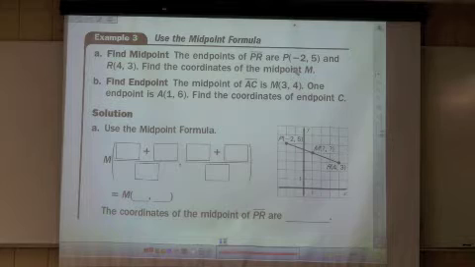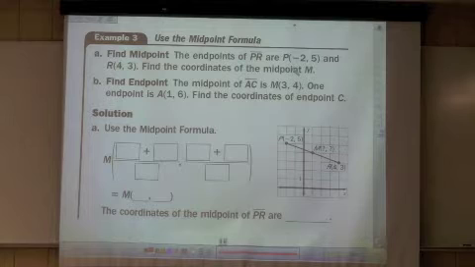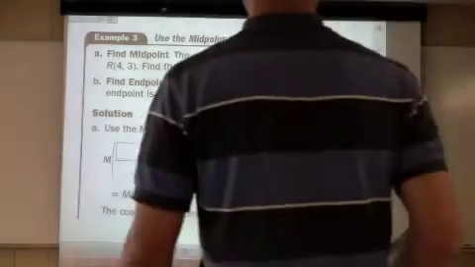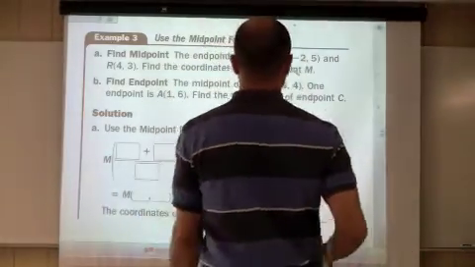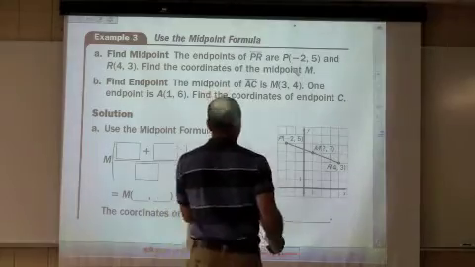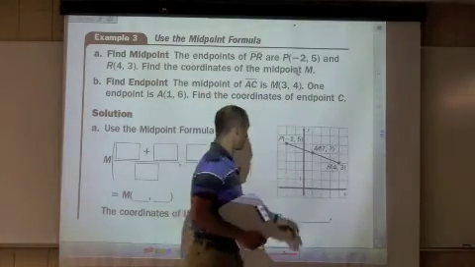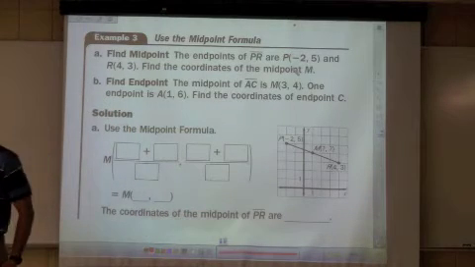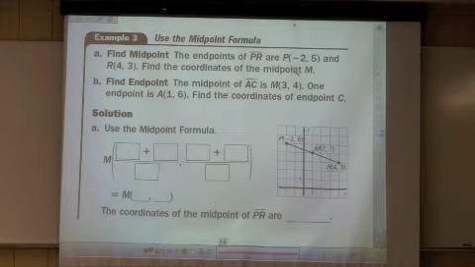What would we have to calculate? I guess they did draw it for us, and boy, it looks pretty evident that it looks like what? 1, 4? Let's just double check with that midpoint formula just to practice it.